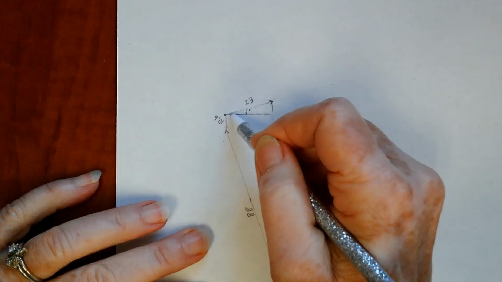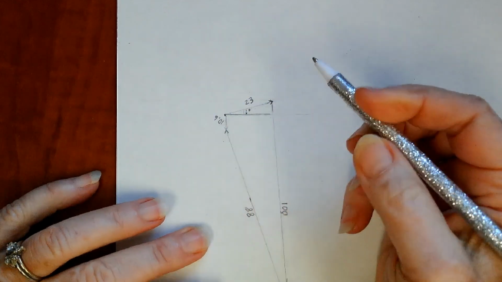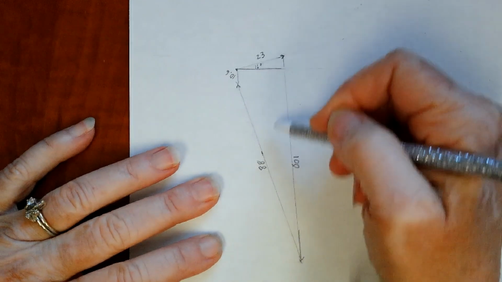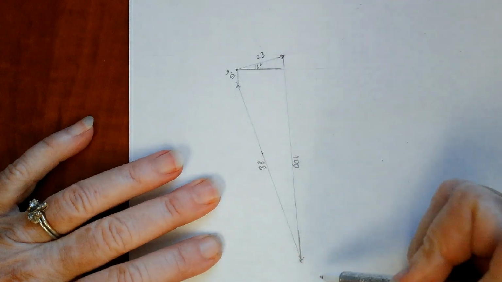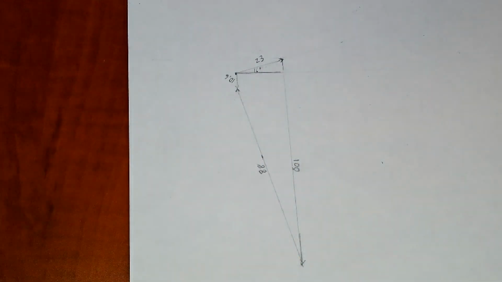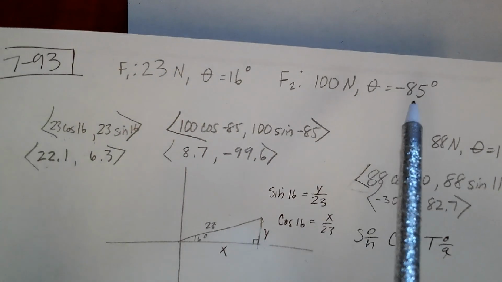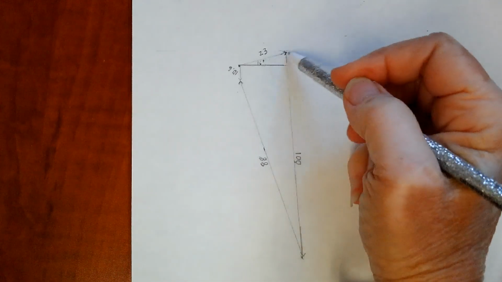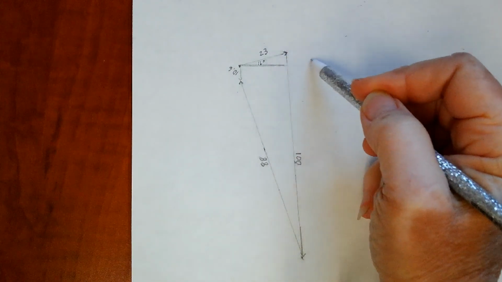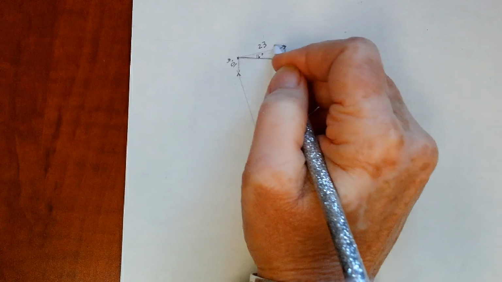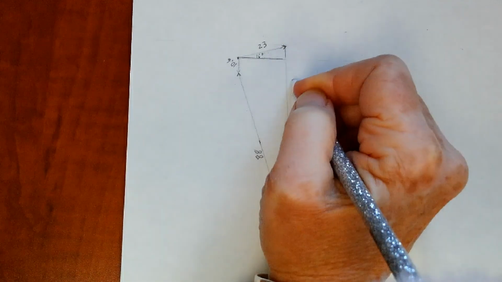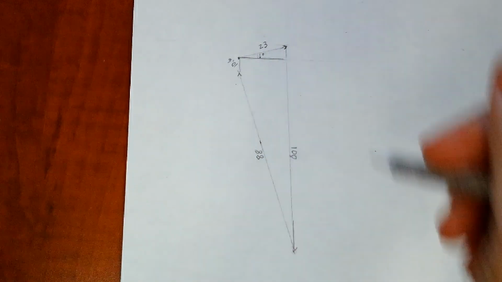So I start here, there's my first vector, now here's my second vector. Remember, it had a magnitude of 100, and a direction of negative 85 degrees, so if this was the x-axis, it's almost going straight down like 90 degrees, but it's not, it's 85.